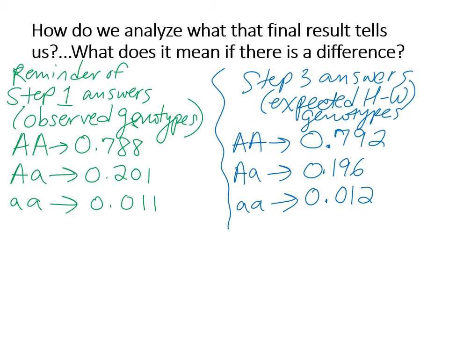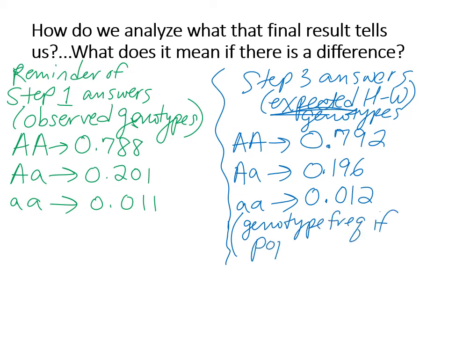So what those tell us here, these expected, these are the genotype frequencies if a population is in equilibrium, if it's ideal, because that's what Hardy-Weinberg says.